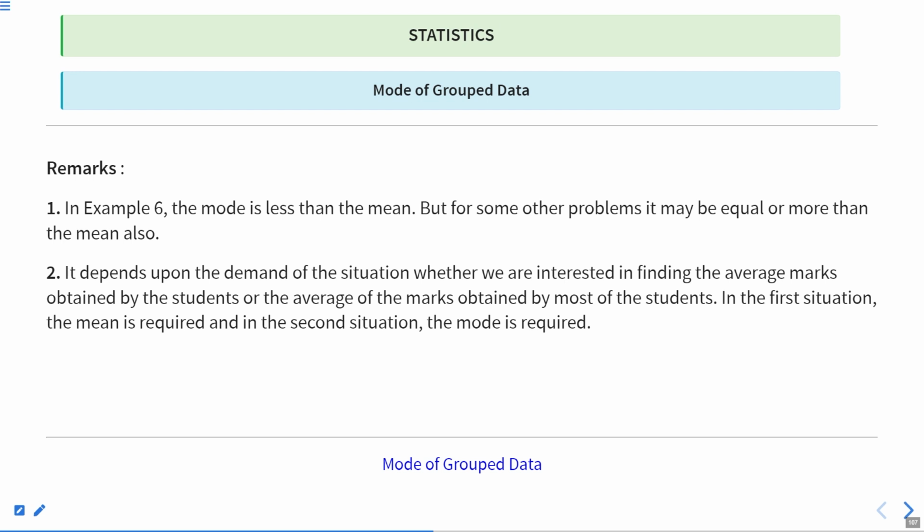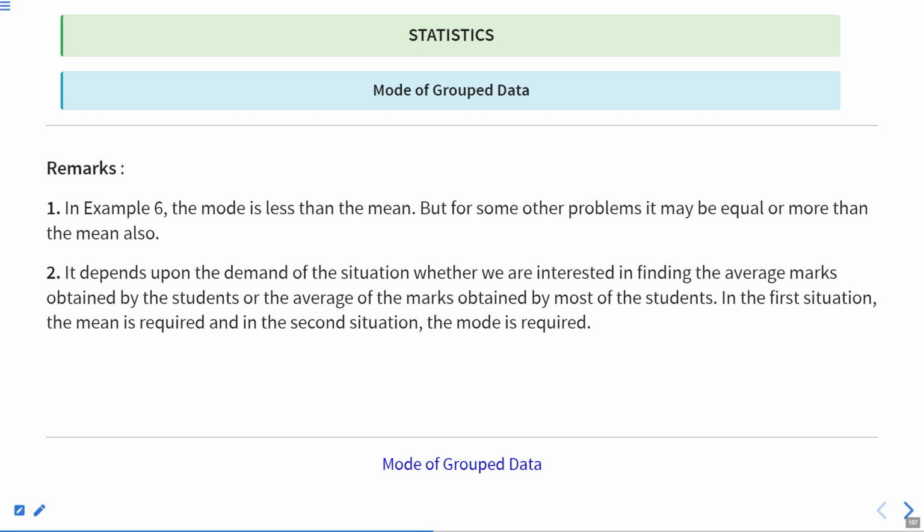Now some remarks. First, in this example the mode is less than the mean, but for some other problems it may be equal to or more than the mean. So it is not always true that mode is less than mean.